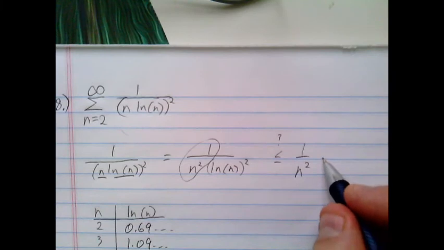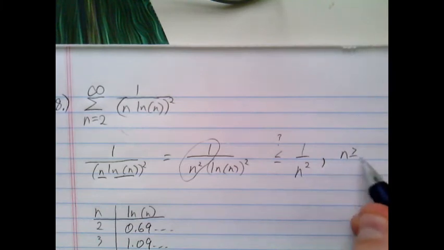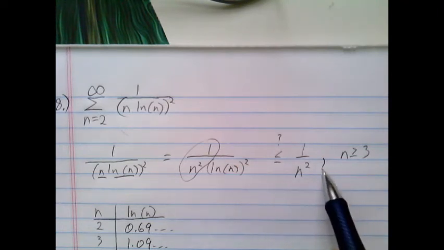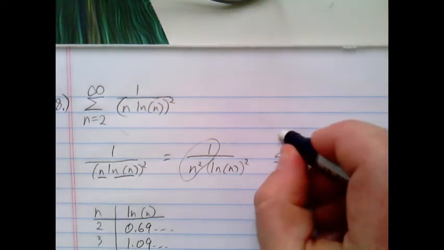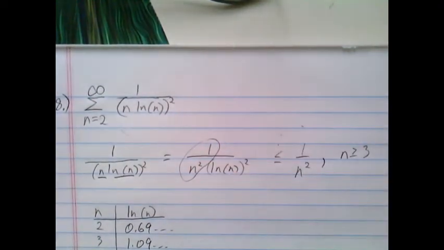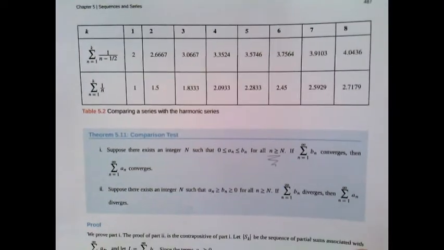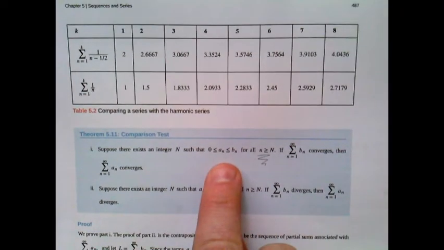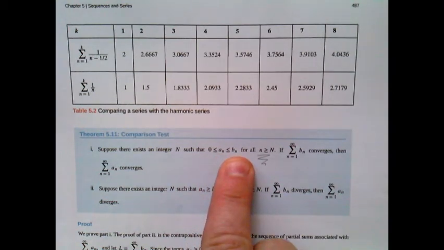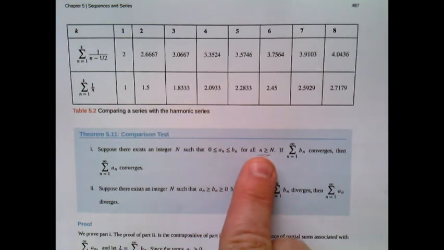So that's actually good enough. I'll just put this little caveat on here. I'll say that that inequality is true if n is greater than or equal to 3. Now I can erase my question mark. And remember, when we looked at our comparison test, it only required that the relationship between the series we're testing and the series whose convergence we know be good for the n values past a certain point.